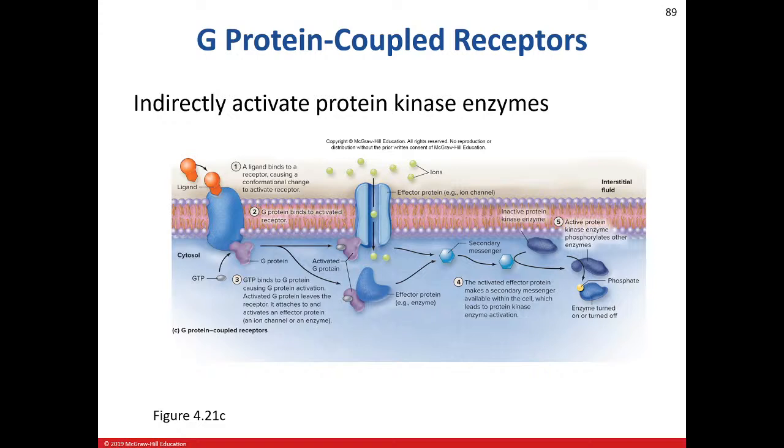All right, and it's called a cascade because one protein activates another, which activates another, which activates another. We don't need to get into all the detail, especially because in each cell or for each G protein coupled receptor, it's going to be different.